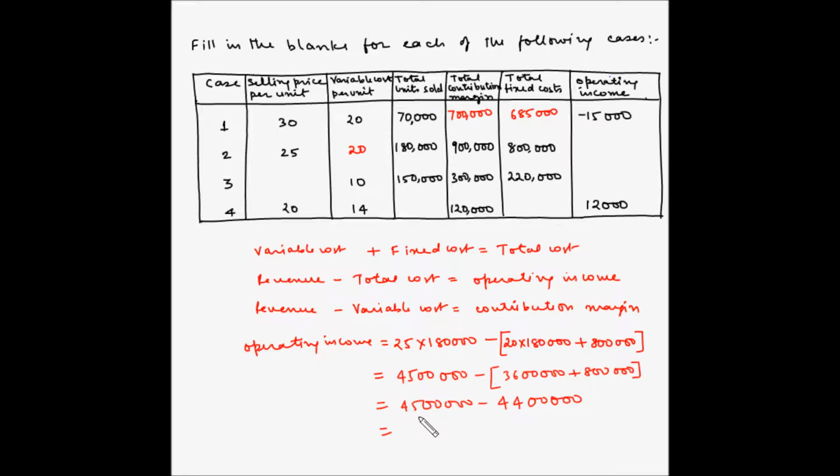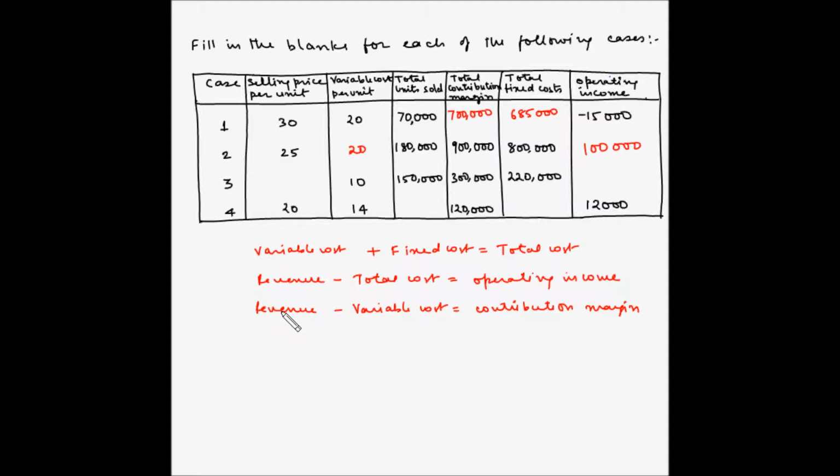So this is equal to $100,000. So the operating income is $100,000. Now let's move on to case number 3.